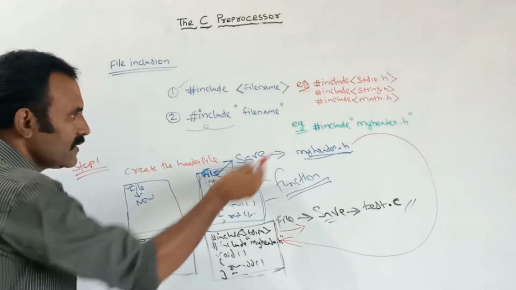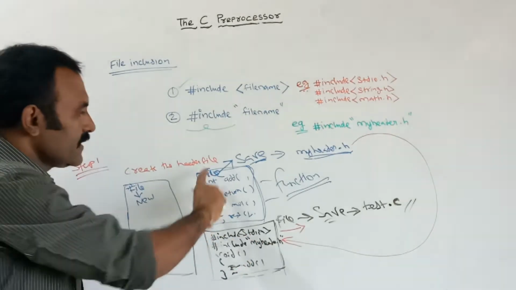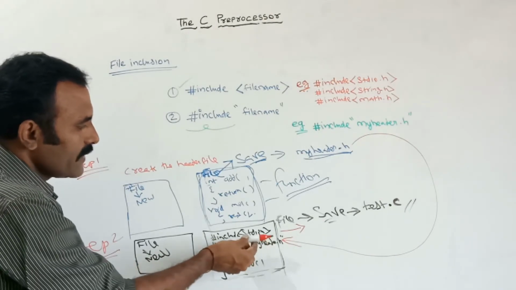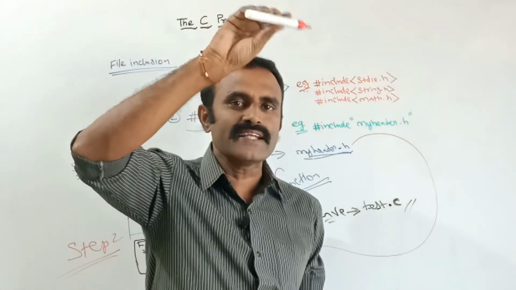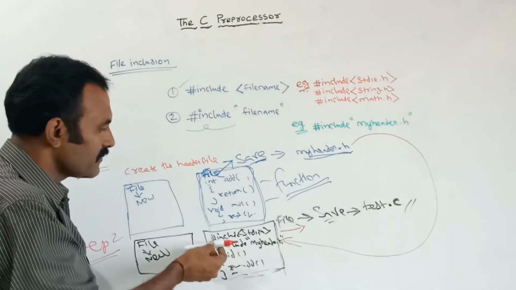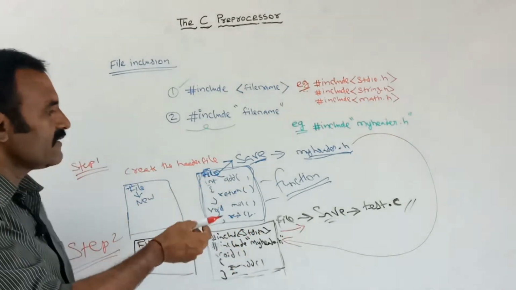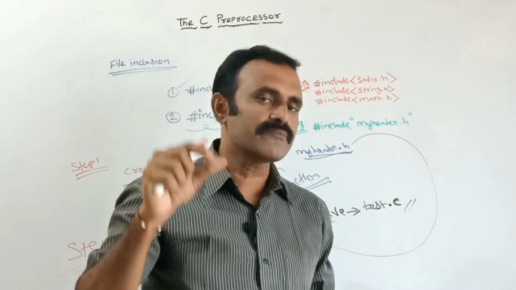This file will be included at the place where we have included it. So the entire content of the header file will be copied to that place, and from here we can call whatever functions we have defined inside that header file.